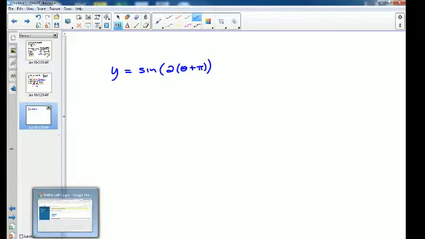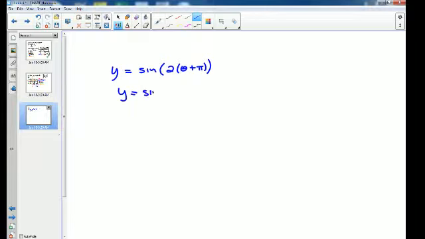This is different than what I wrote down already, correct? You just need to simplify it. Distribute. So this is sine 2 theta plus 2 pi. Always get it in this form. It's a lot easier to deal with.